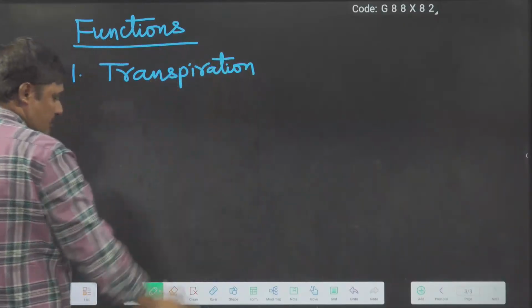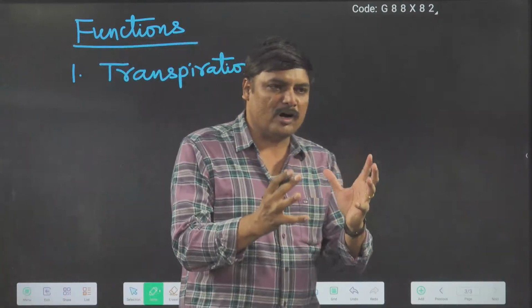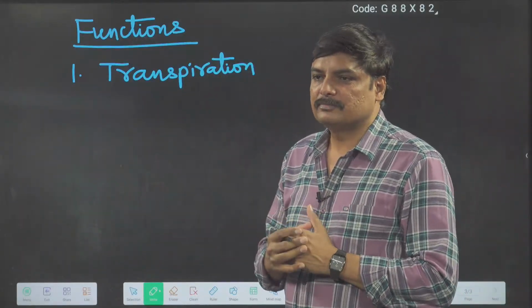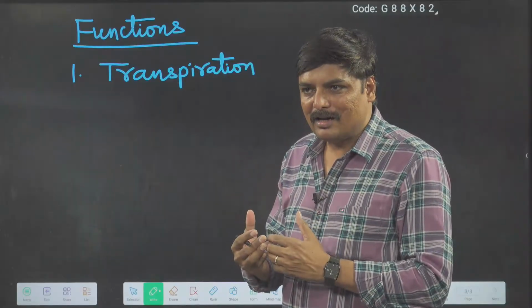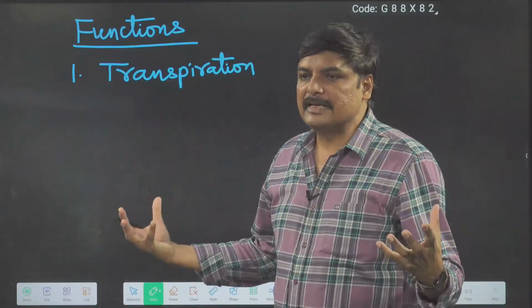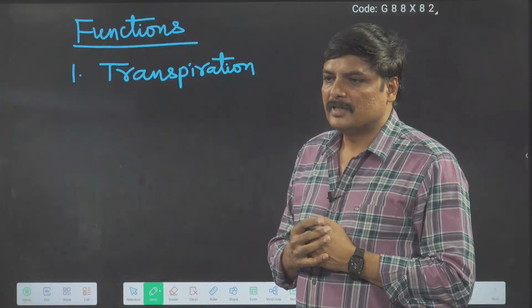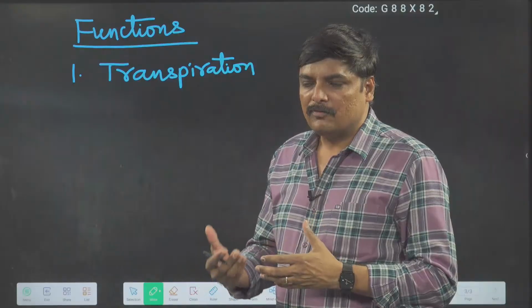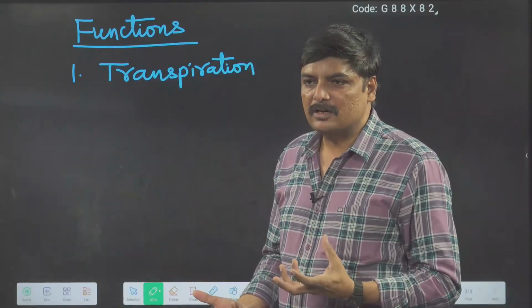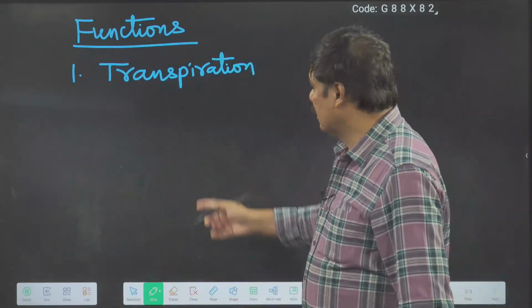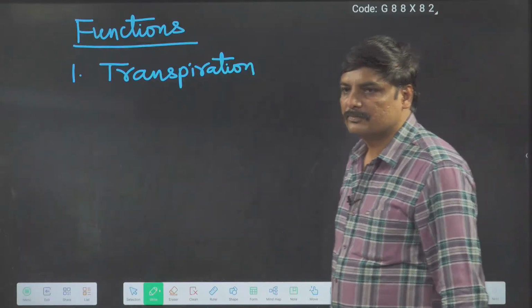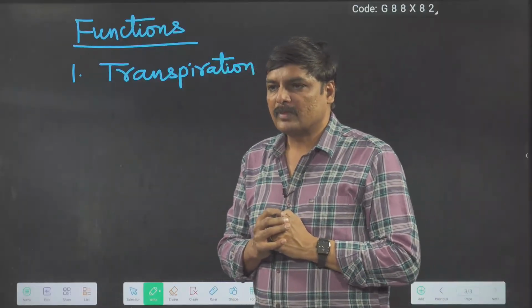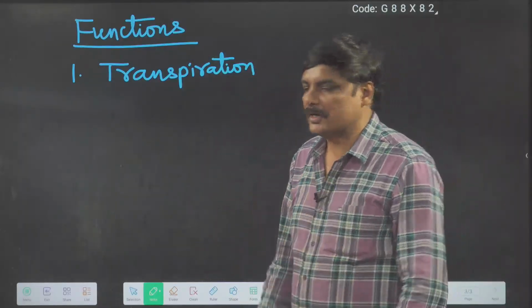Loss of water in the form of vapor from the leaf through the stomata into the external atmosphere is called transpiration. Loss of water in the form of water vapor from the leaf into the external atmosphere mainly through the stomata is known as transpiration. And leaf is the seat of transpiration.